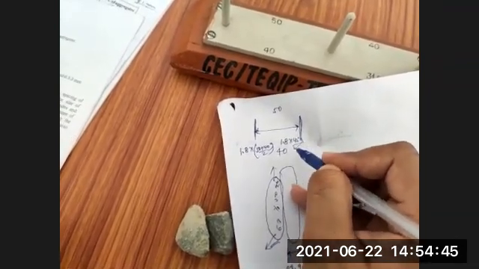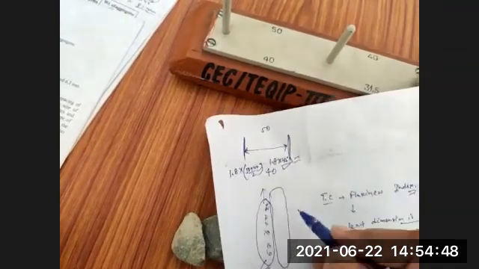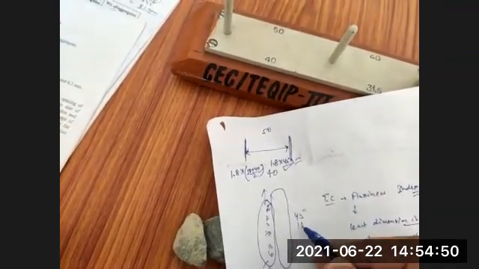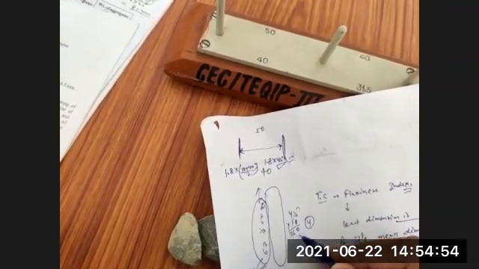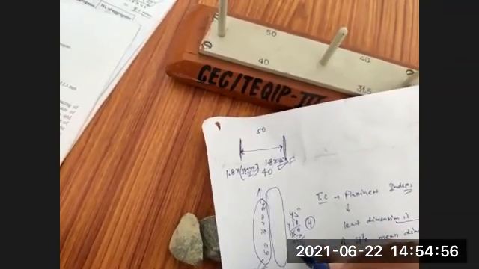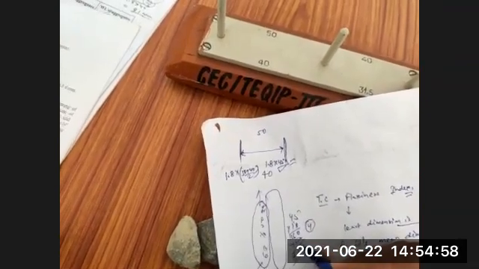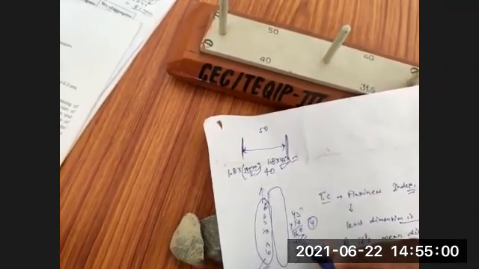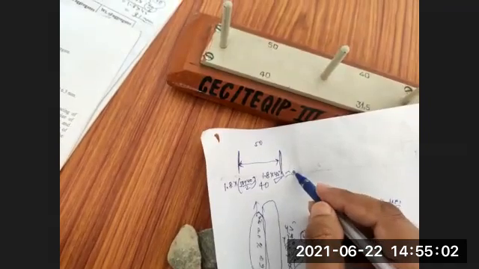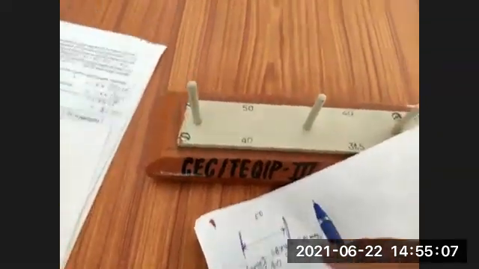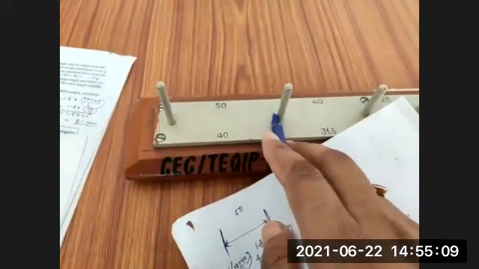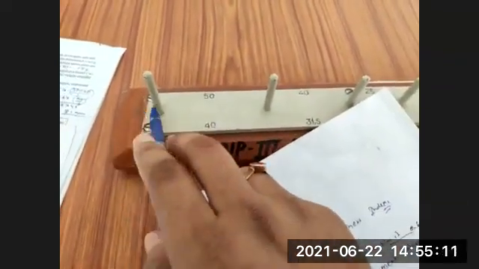If we multiply 1.8 with 45, we get 81. So here we get 81 mm opening.